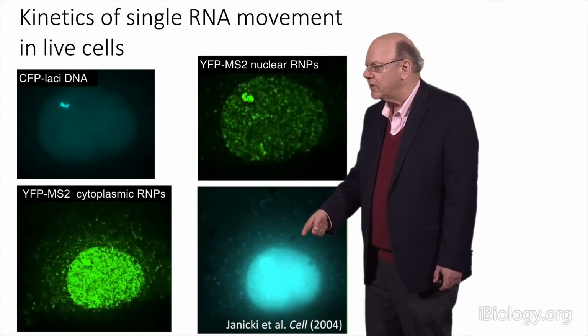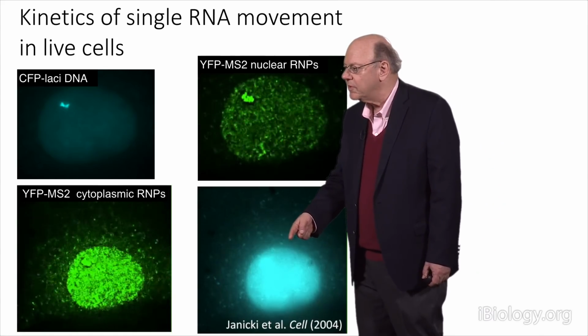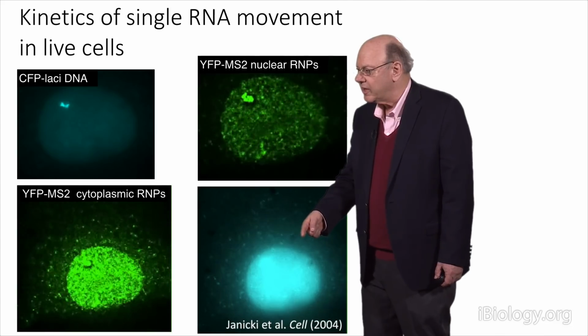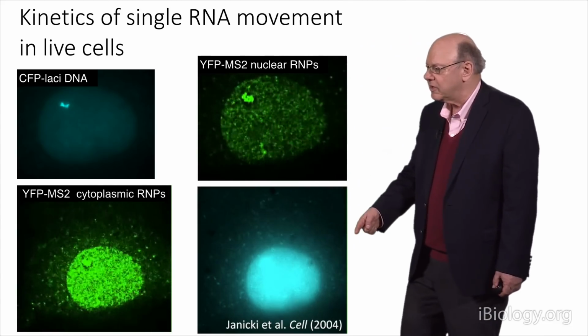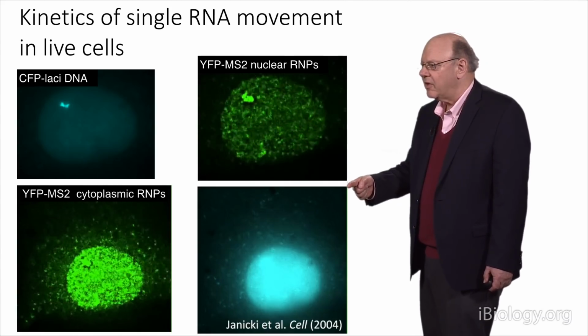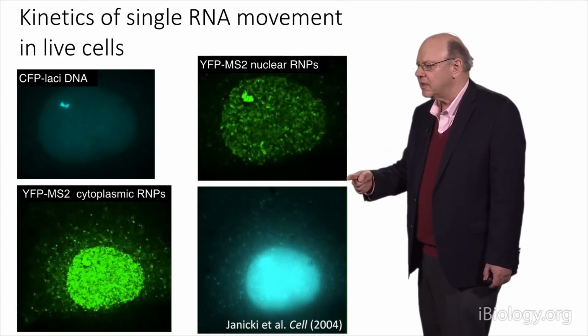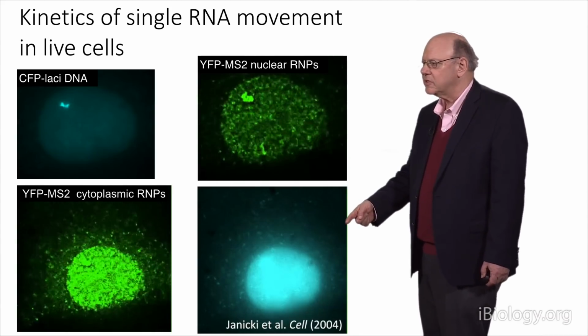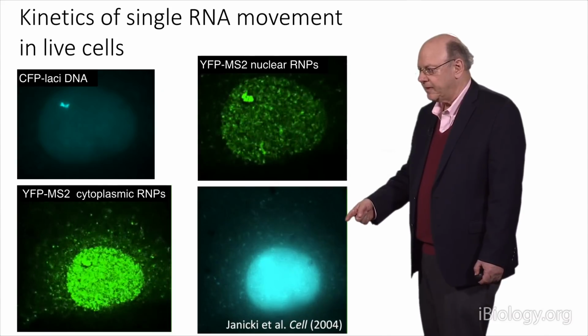And the proteins go into a structure called a peroxisome, and these little spots of blue here are really the protein that's been sequestered in the peroxisome. So here we can see the transcription and the export and the ultimate result of the translation of the same RNA.